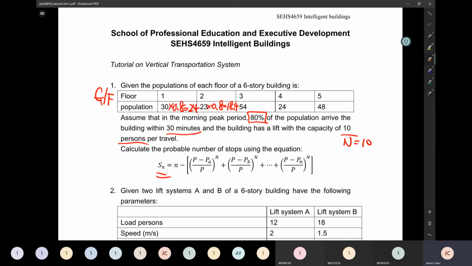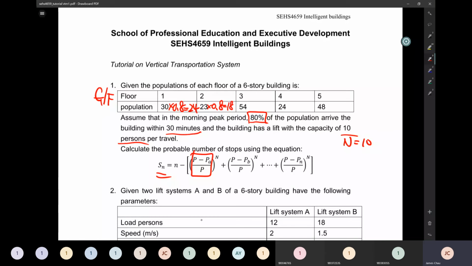Therefore, you can round the data, so you can say the population is 18. And now you can make the individual calculation for the other floors.